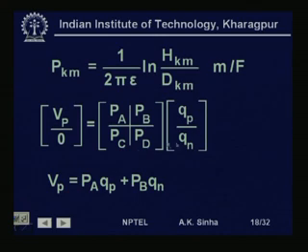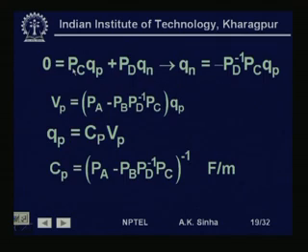Similarly, we can write 0 is equal to P c into Q p plus P d into Q n. This results into Q n, that is, we can take this part on the other side.